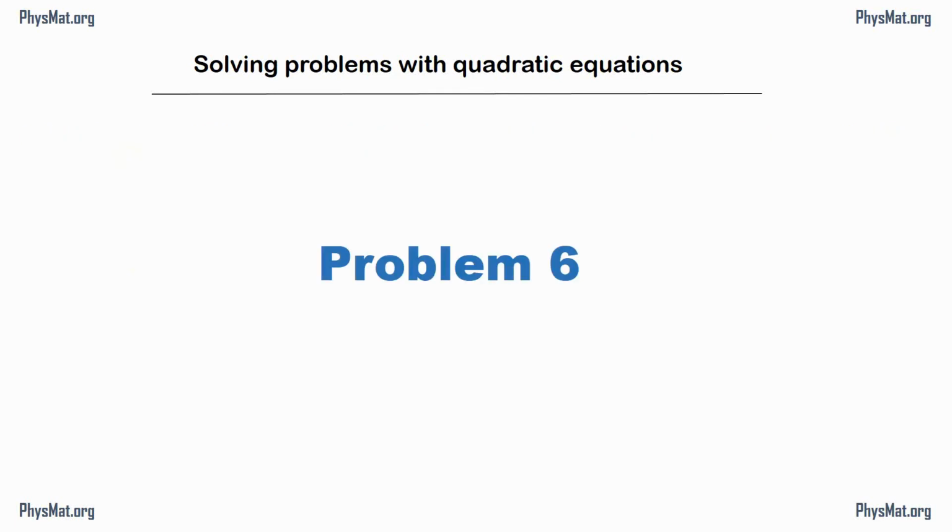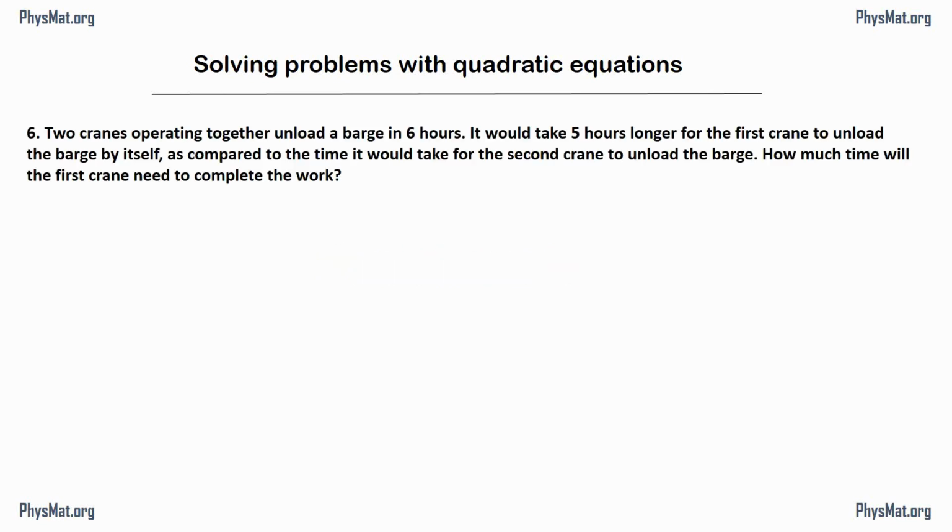Now let's come to problem number 6. And it says that there are two cranes unloading a barge. And when they operate together, they do the work in 6 hours.